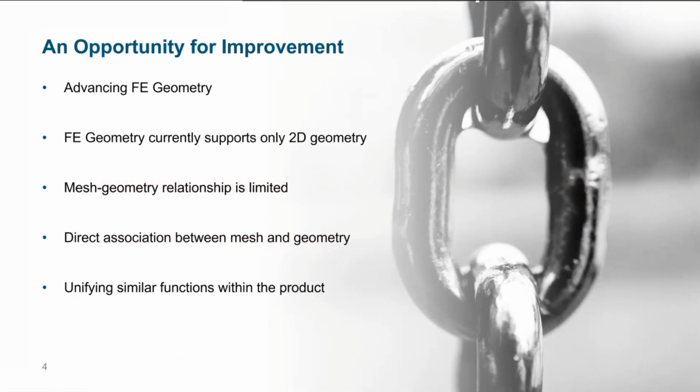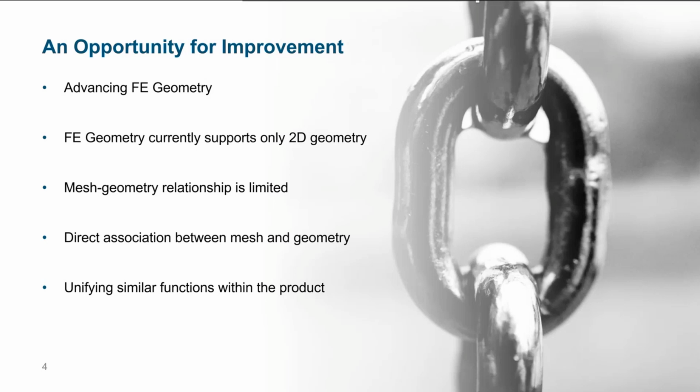In the current state, HyperMesh's initial implementation of FE geometry with the mid-mesh tool supported mostly only 2D geometries with a very direct association between mesh and geometry. We've listened to customer feedback.